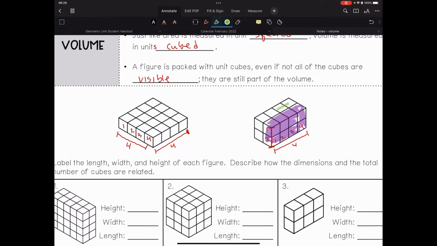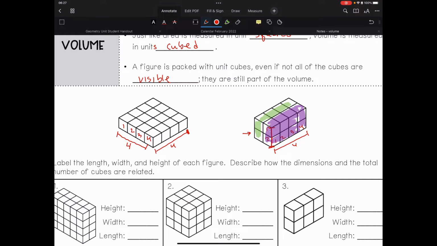Now we have another 8 over here. But notice how we can't see all of the cubes on the bottom row, right? This row of cubes right here, we can't see them all. They're hidden by the ones in purple. But we have a total of 16 cubes there.